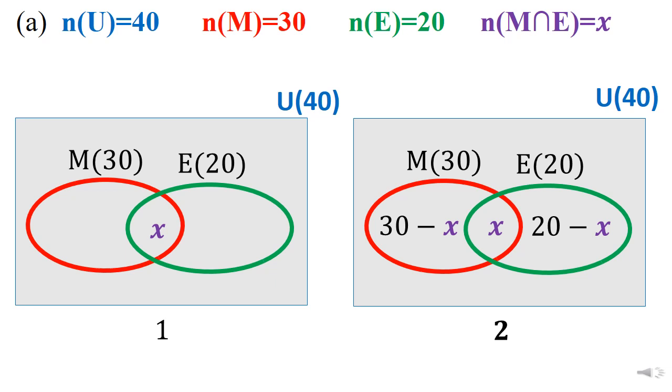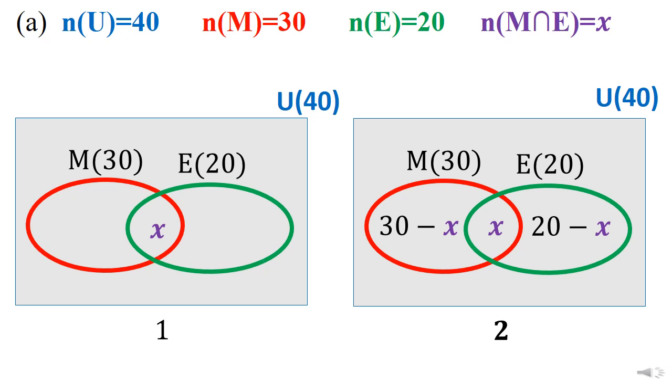Since we don't have only or exactly attached to mathematics, the number for mathematics is supposed to be on the circle, not within the circle. We also don't have only English or exactly English, but it is English in the question. So we also put the number for English on top of its circle.